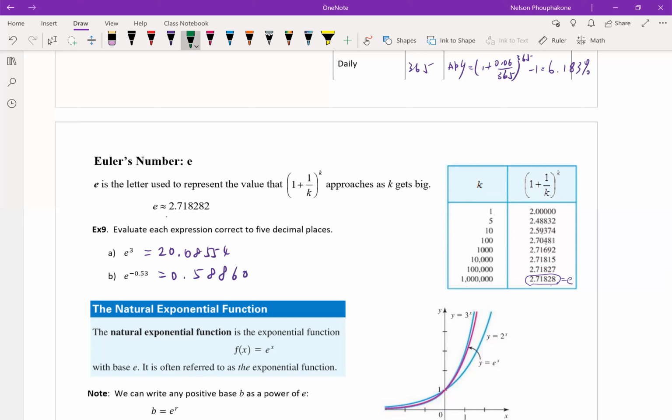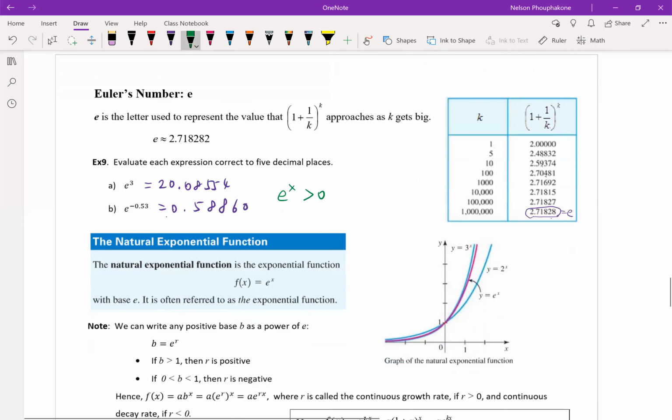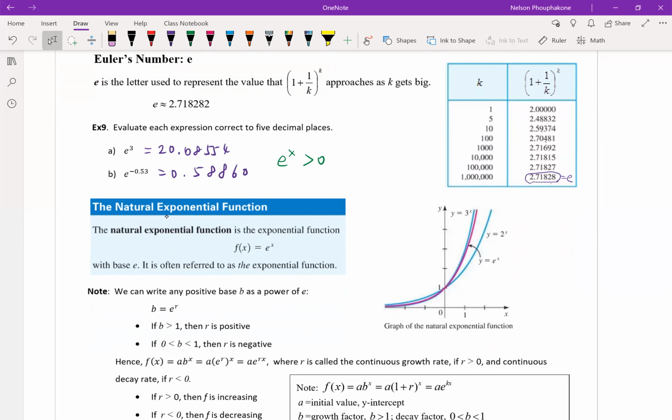And notice one thing about this is e to the x is always positive, okay? And of course, why this is, because if we raise to any power, the output is always positive.